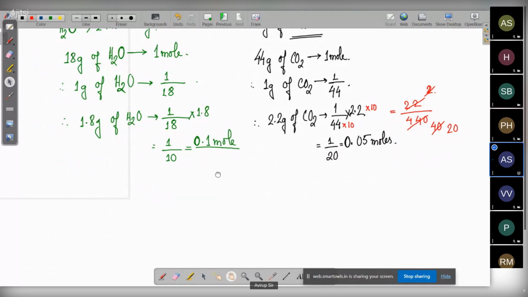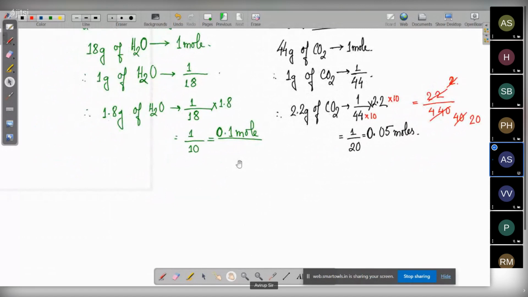Okay. So from here, you can come to a conclusion. Every time we cannot do the unitary method because that is time consuming. So we will avoid doing this unitary method every time. So we can write it as number of moles is equal to what?